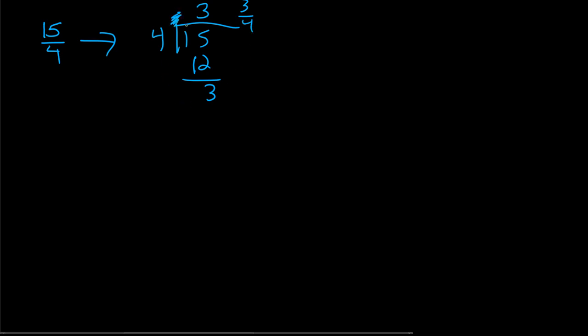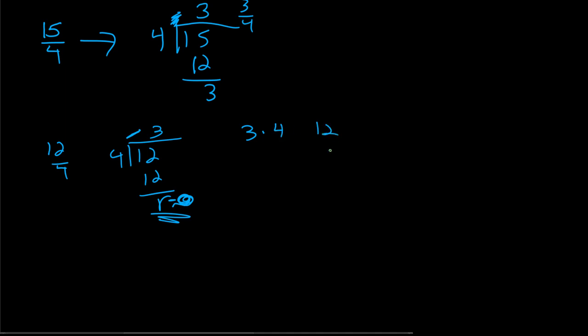So we can't really say 3 and 4 are factors of 15. But if I have 12 divided by 4, and it goes in 3 times, I get 12 with a remainder of 0. We never used to write our remainders of 0. We're like, hey, we're done. But my remainder was 0. Well, 3 and 4 were my factors of 12.